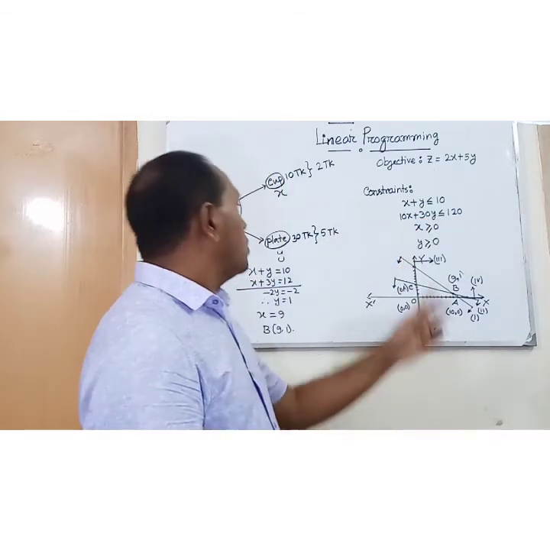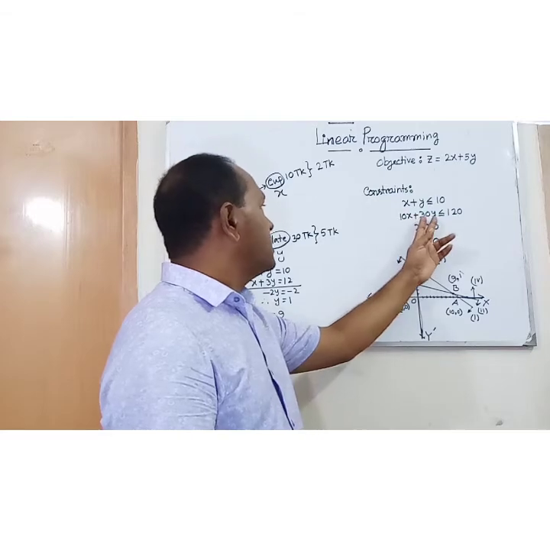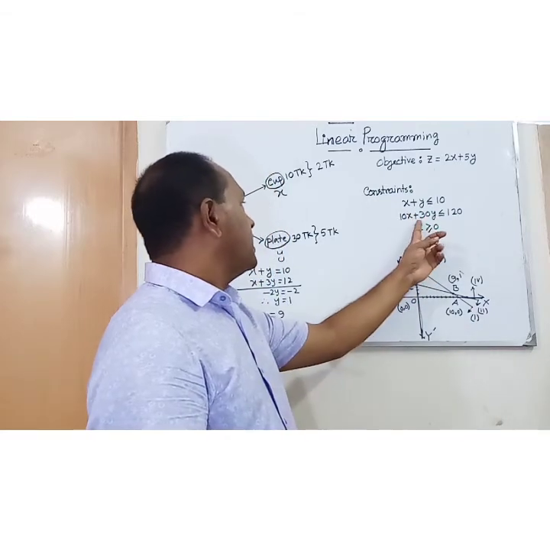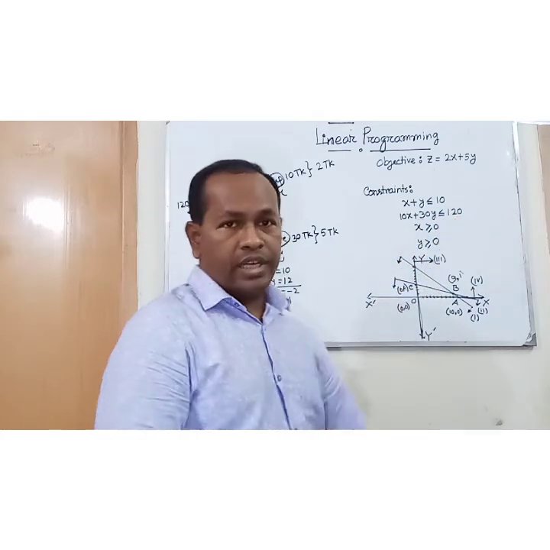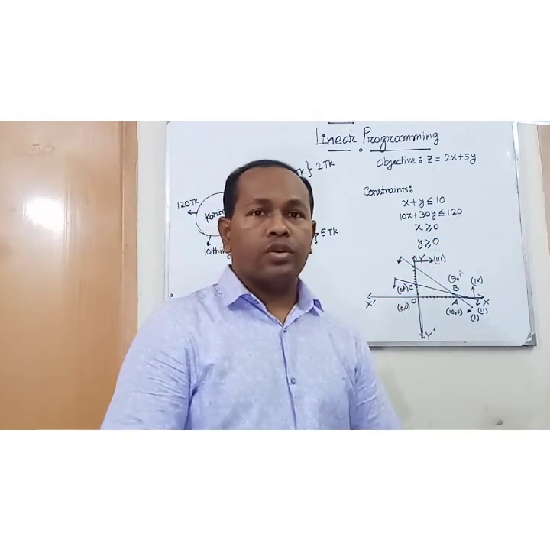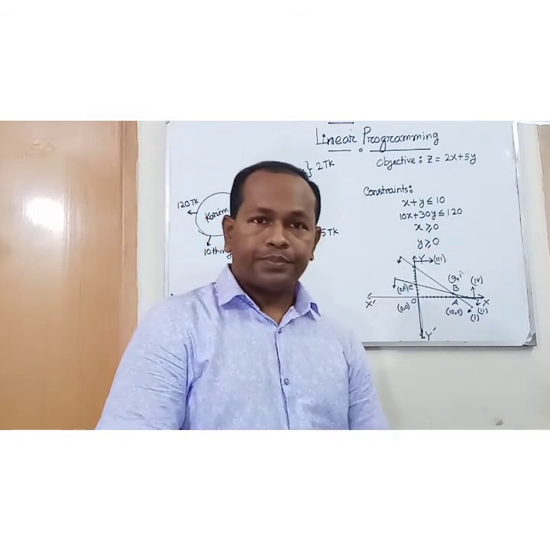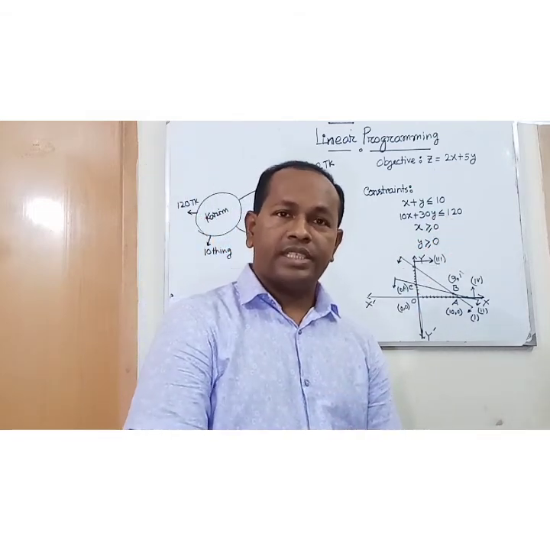So his total cost is 10x plus 30y and it should be less than or equal to 120, and it cannot be greater than 120 because he is ready to invest at most 120 taka.